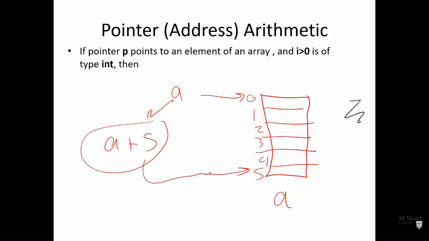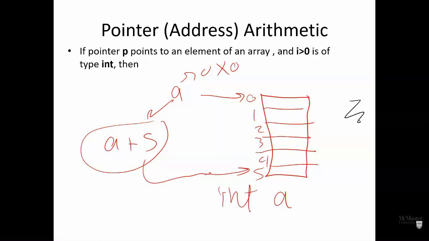But if you add the absolute value of 5, assume this A is just 0x0, the first element is at address 0. If you take 0 and add absolute 5 to it, that means this is address 5, right? And this is int. Can someone tell me address 5, where exactly it points? Yeah, it's actually not the beginning of entry 1. It's the second byte of entry 1, right? Because entry 0 is from 0 to 3, because it's 4 bytes, 0, 1, 2, 3. And then entry 1 is starting from byte 4, 5. So I'm going to point to the second byte of entry 1. This makes no sense. Right?